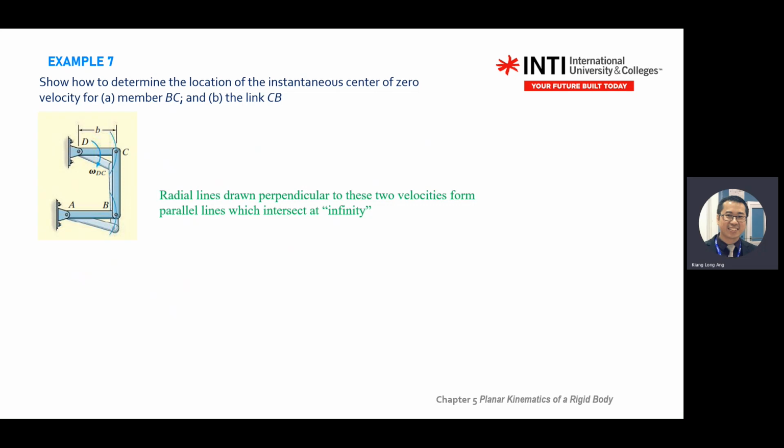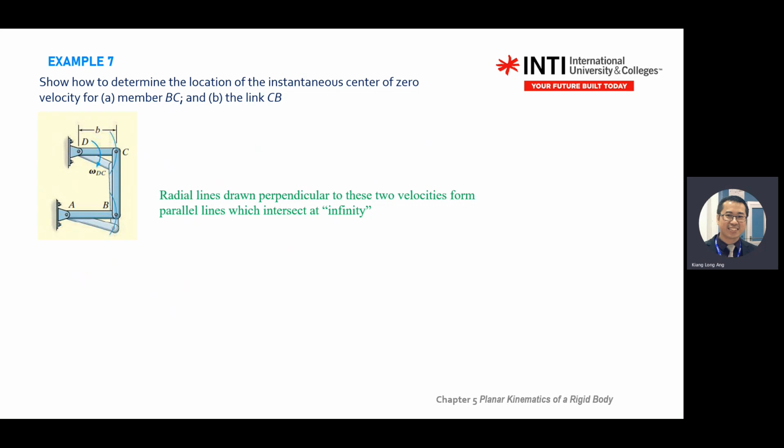Then next, use your ruler. Put your ruler at the velocity here and put a velocity here. Is there any intersection point? Yes or no? You understand what I mean? You have a point here, a point here, and you have BC, so you have VC and VB.